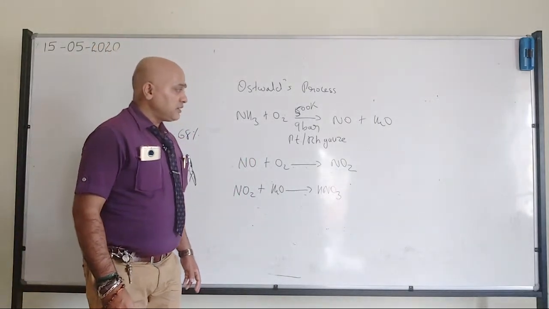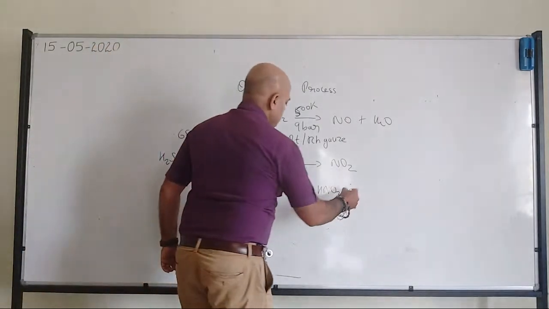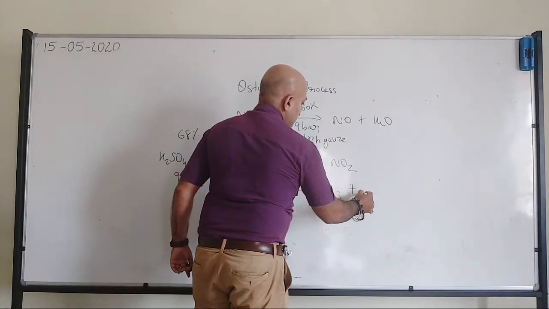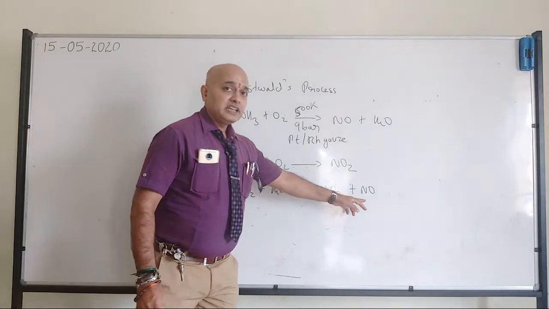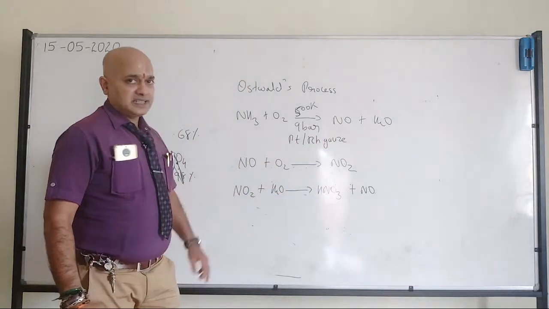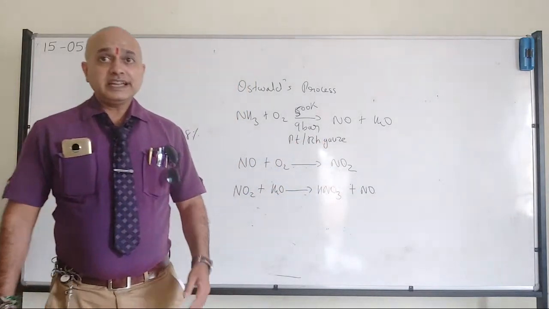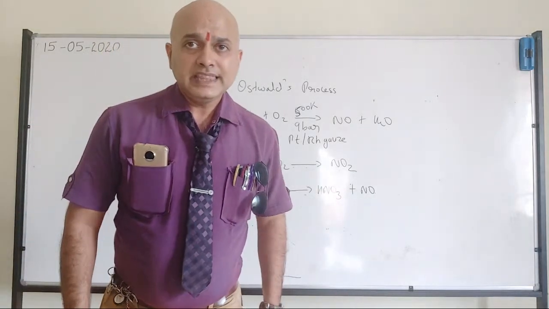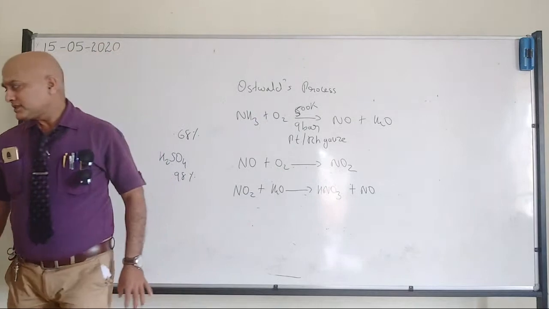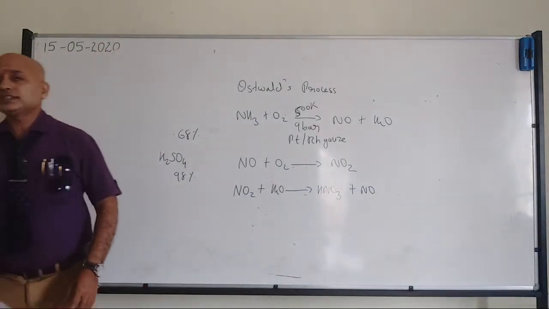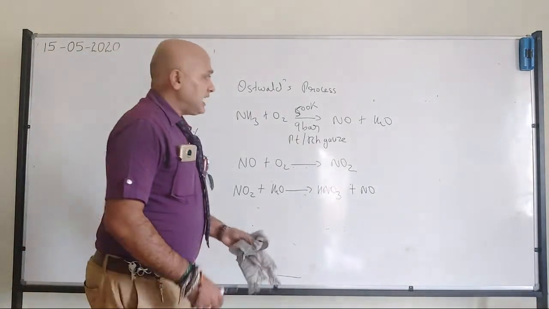What is the advantage of Ostwald's process? The advantage here is that the nitric oxide which is formed at the end can be reutilized in the second step. So all the products will be utilized. That's Ostwald's process, which is meant for the commercial preparation of nitric acid.